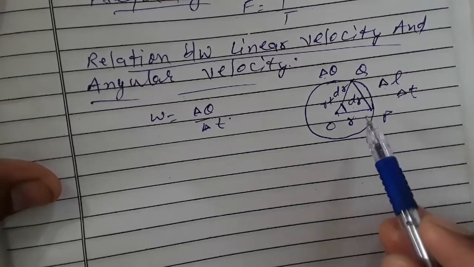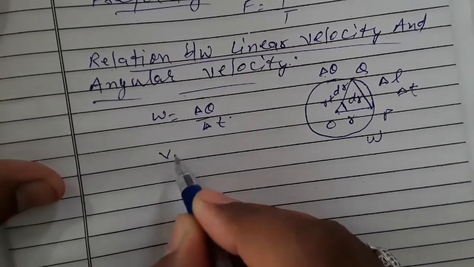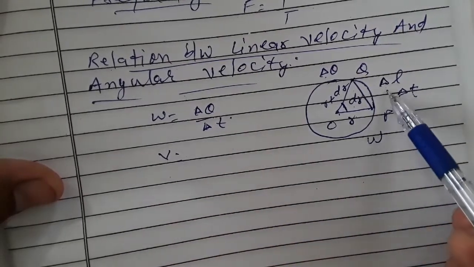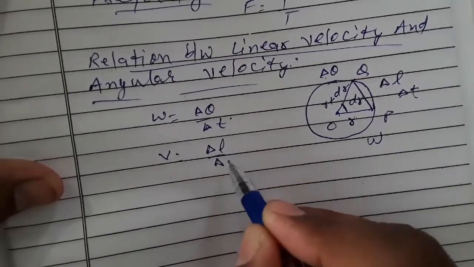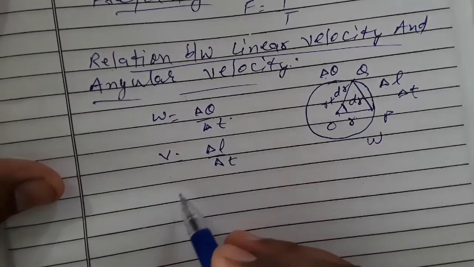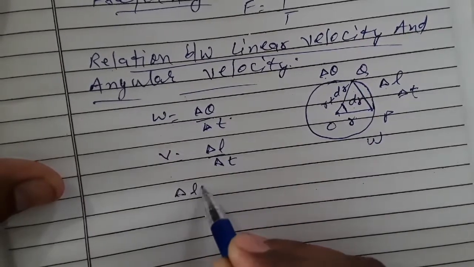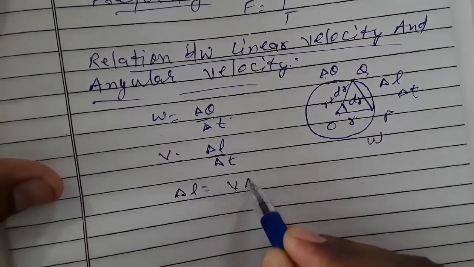Now we know linear velocity v is equal to distance upon time. The length is delta L and the time taken is delta t, so delta L equals v into delta t.